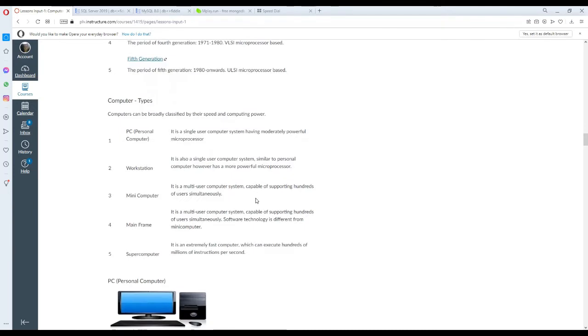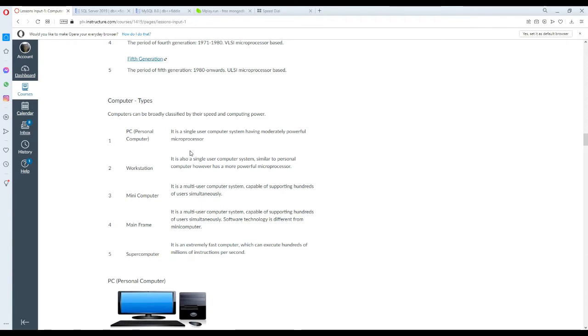What are the computer types? Computer types can be classified according to their speed and computing power. So we have the PC, or personal computer, which can either be your cell phone, your laptop, or your desktop. We also have a workstation, a mini computer, a mainframe, and a supercomputer.